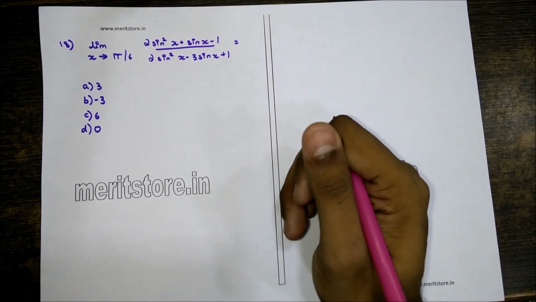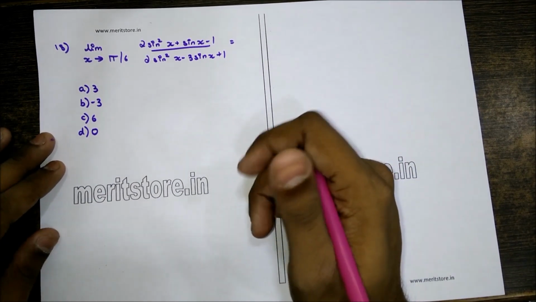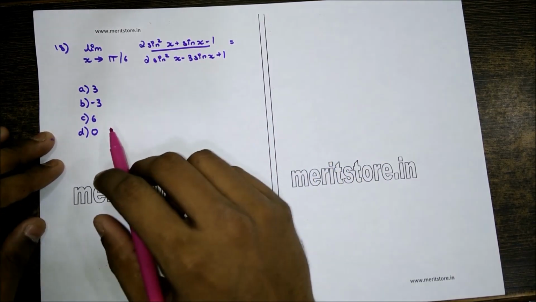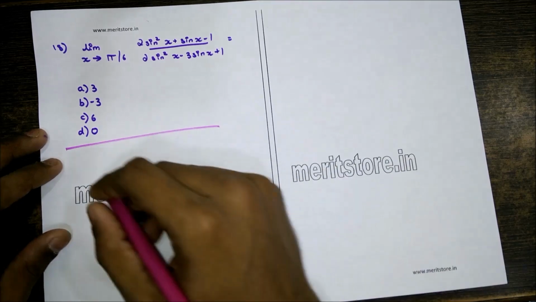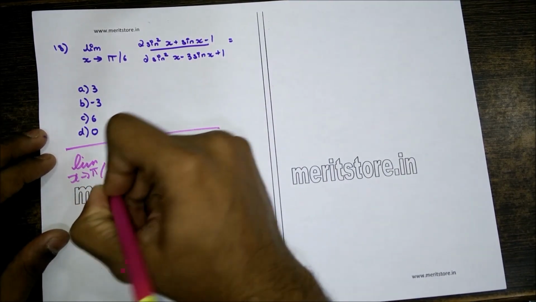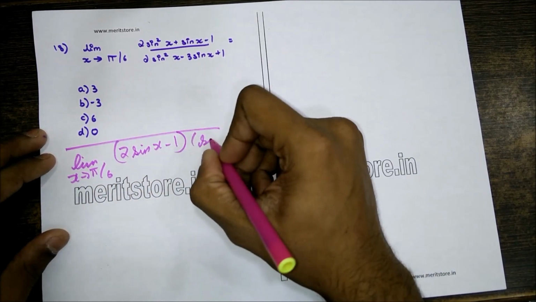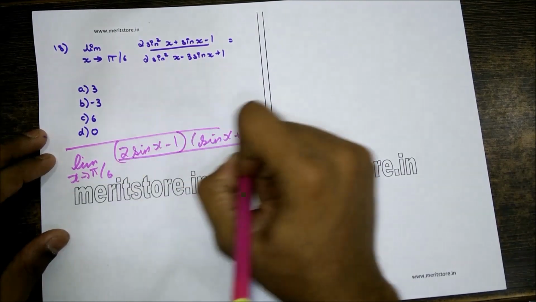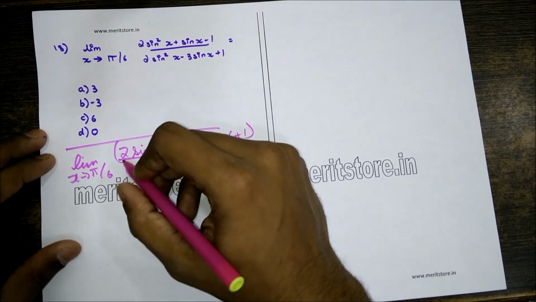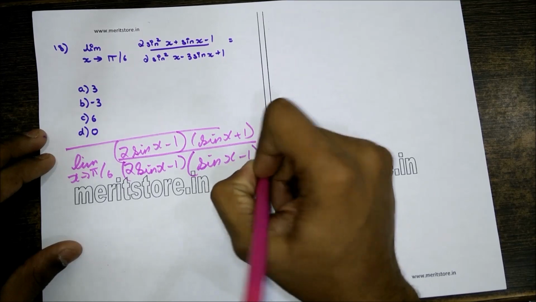Limit of x tends to pi by 6, (2 sin square x plus sin x minus 1) upon (2 sin square x minus 3 sin x plus 1) equals: A 3, B minus 3, C 6, or D 0. So therefore we can write the equation as limit of x tends to pi by 6, (2 sin x minus 1)(sin x plus 1) upon (2 sin x minus 1)(sin x minus 1).